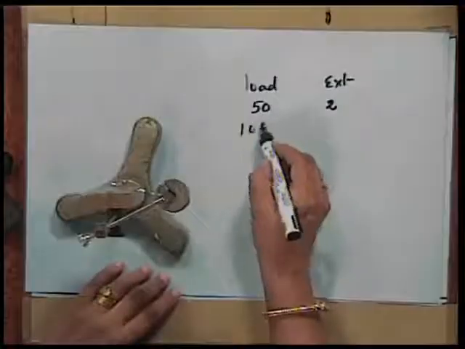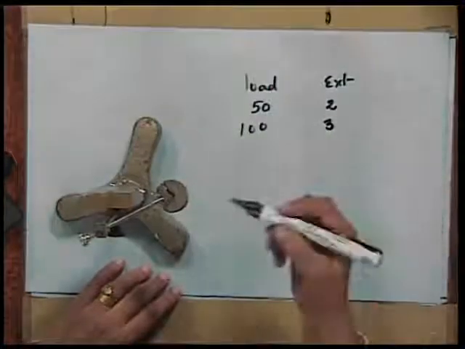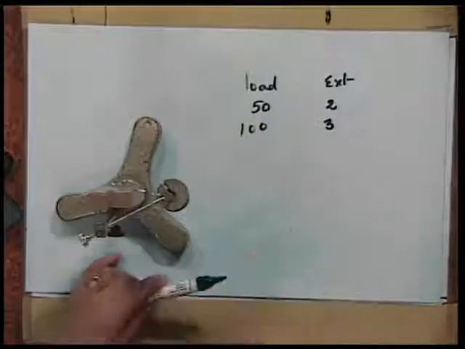I can take another weight, make the total weight 100, stretching the spring, and this 100 is giving me a value of 3 as read off from the scale attached to the spring. Adding more weights, as you can guess rightly, is going to extend it.